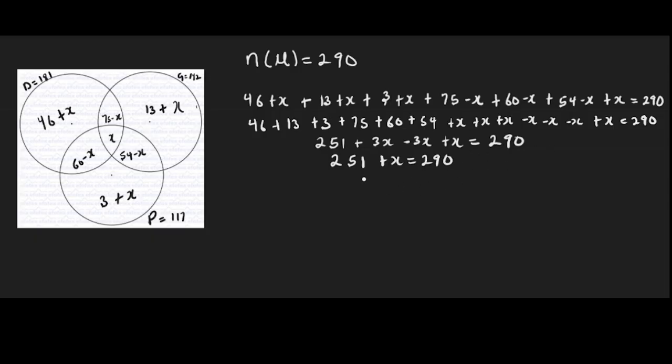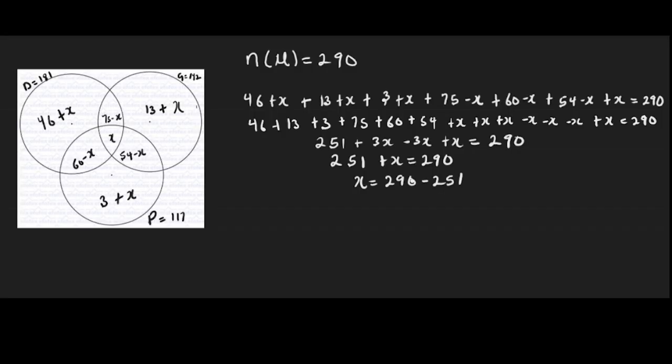Then we have x equals 290 minus 251. x is going to give us 39. Now that means we answer B Roman figure 1 of the question that says how many read all 3 papers.